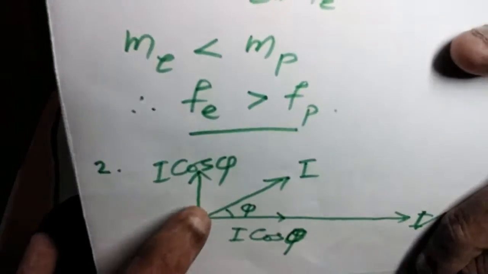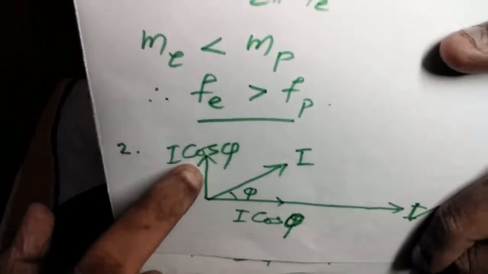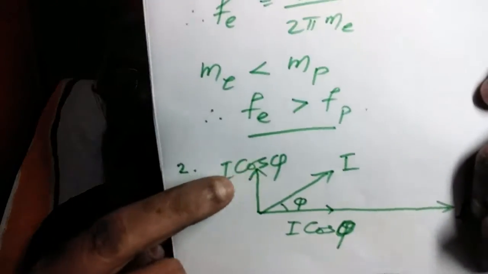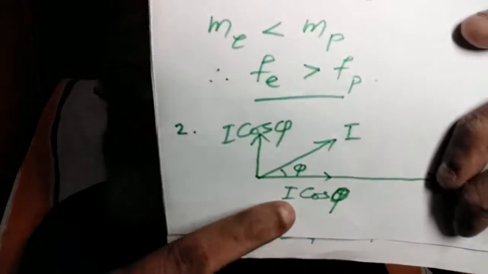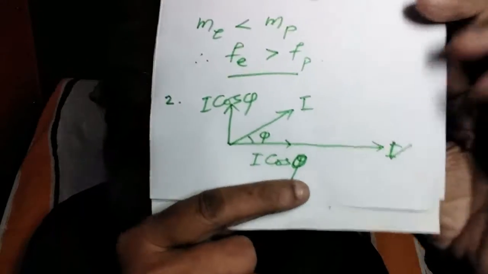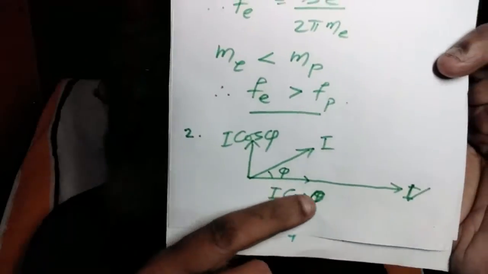The other component is I sin phi. This is sin, I sin phi, not cos. This I cos phi is in phase with the applied voltage.